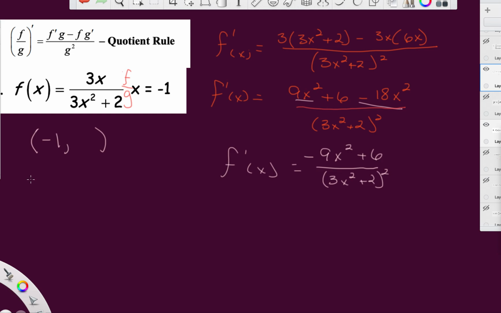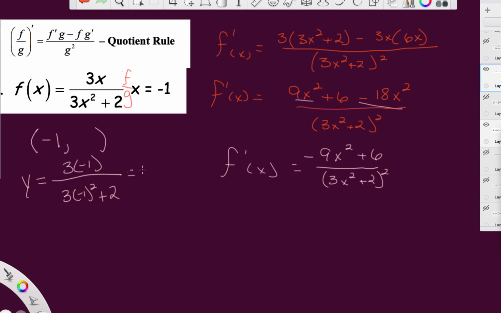I'm trying to find a y value, or my f of x value. I plug in the -1 for x, so it's 3 times -1 divided by 3 times -1 squared plus 2.